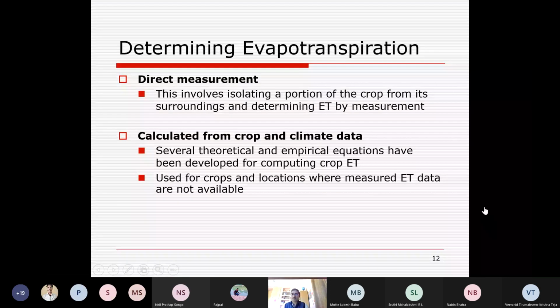Okay, can you see my slide? Sorry for disturbance. Can you see my slides? Sir, it is showing blank only. Why it is blank? Yes, sir. Now it is visible. Okay. Now?